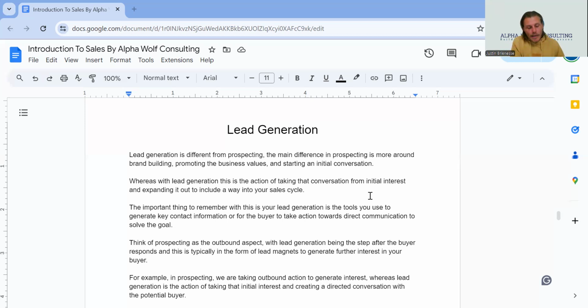It's about creating from prospecting to closing a choreographed experience that creates the most simple, easy way for them to get the results or achieve the goals that they want to achieve.